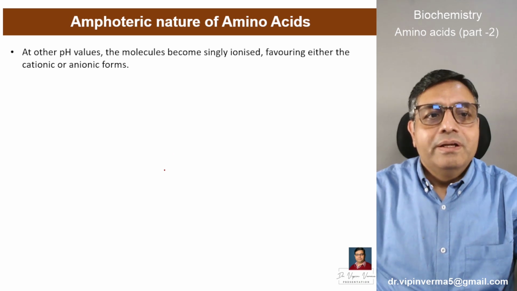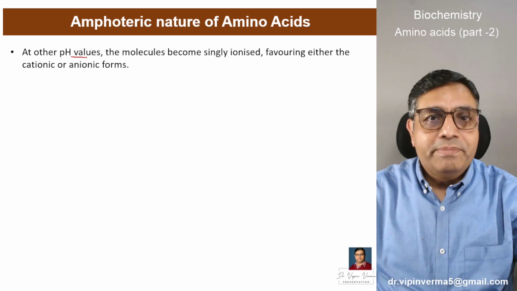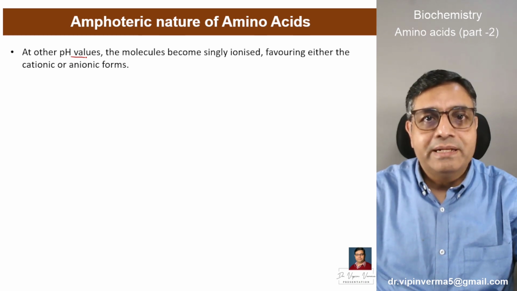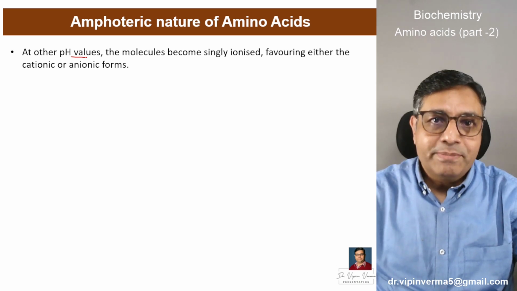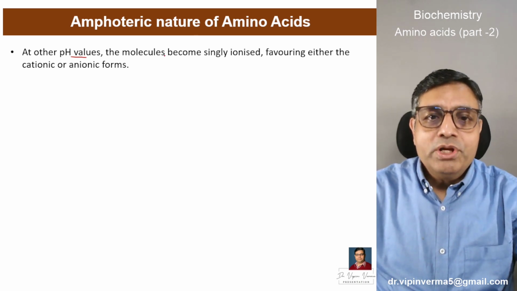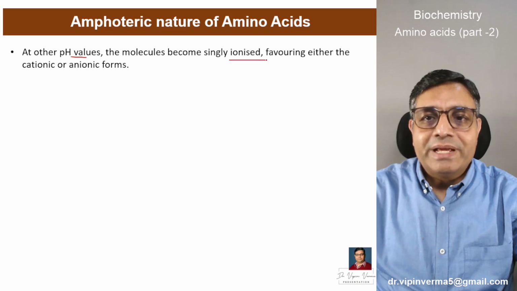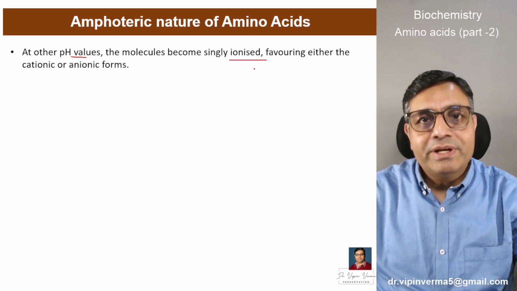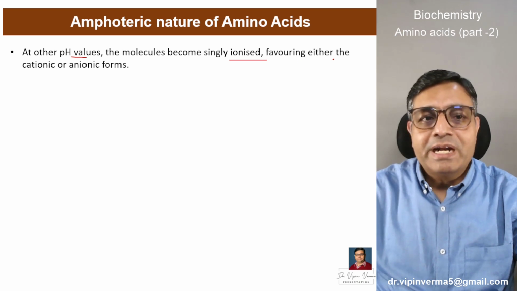Now at other pH values, we talked about the biological pH, which is 7.4, where we saw the dipolar ion nature. But other than that particular pH, the molecules become singly ionized. Either they will become positively ionized or they will become a negatively charged group. So they will favor either the cationic or the anionic forms.